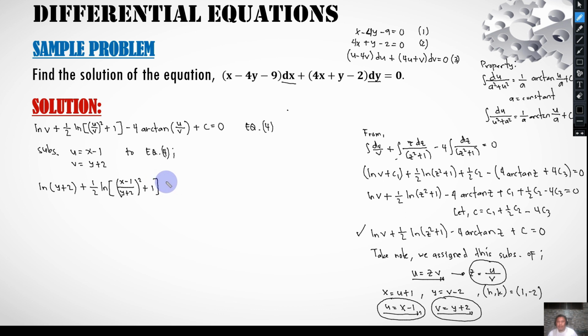And then minus 4 arctangent of u over v, bracketed: x minus 1 over y plus 2. And then plus c is equal to 0.